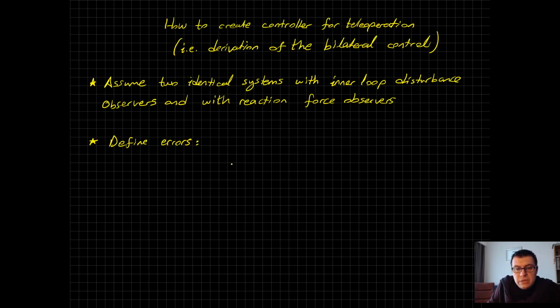So in that sense, we can write here the error in position tracking, that's called EX, as the master side position minus slave side position, whereas the error in force tracking EF can be given as the master side force response plus the slave side force response.